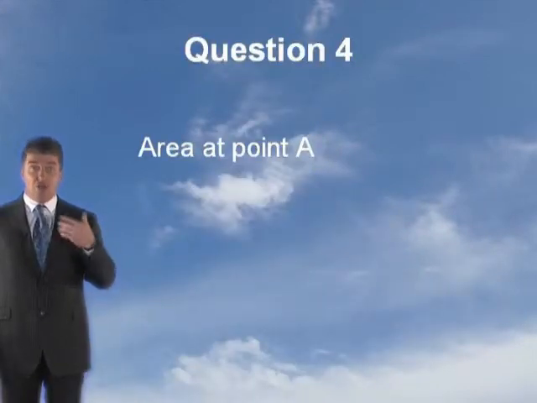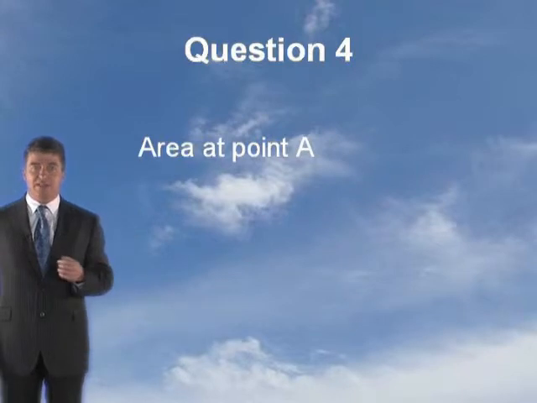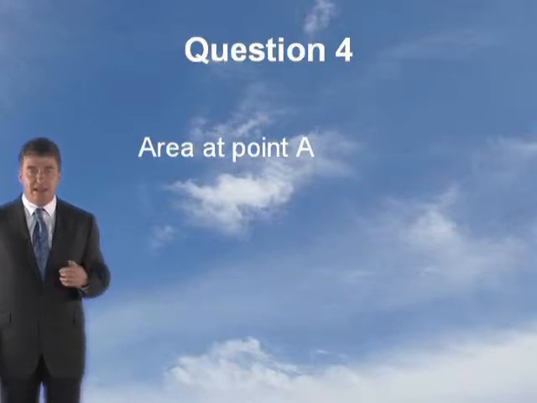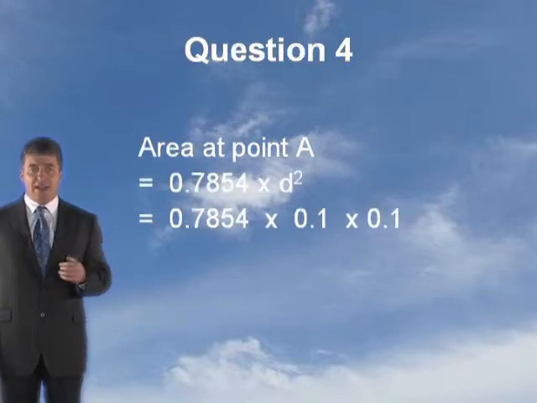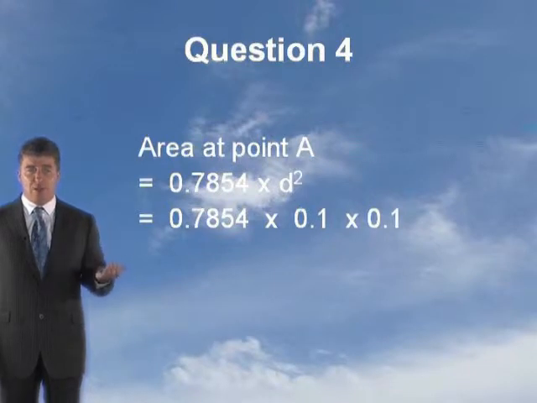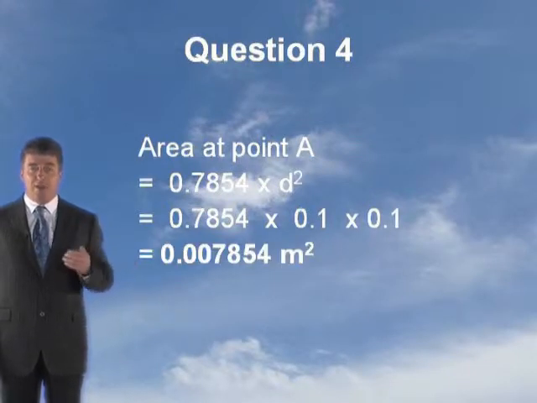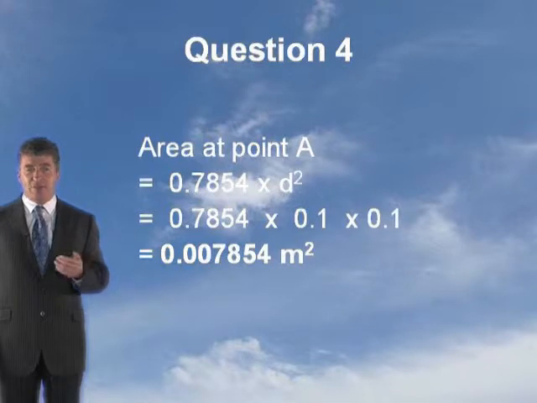Now we can determine the velocity at both point A and B. We know this because we're going to be able to work out the area and we know the quantity of water. First we need to determine the area at points A and B in metres squared. So the area at point A, using the familiar formula 0.7854 times d squared, gives you 0.7854 times 0.1 times 0.1 equals 0.007854.